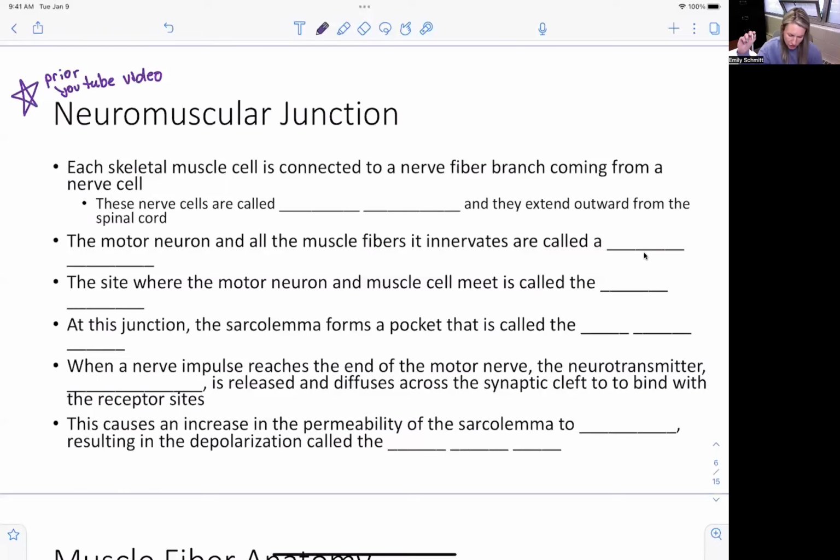At the neuromuscular junction, each skeletal muscle is connected to a nerve fiber branch coming from a nerve cell. These nerve cells are called motor neurons, and they extend outward from the spinal cord. The motor neuron and all the muscle fibers it innervates is called a motor unit.